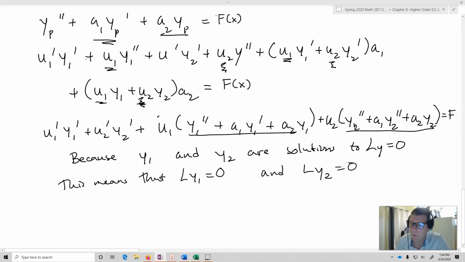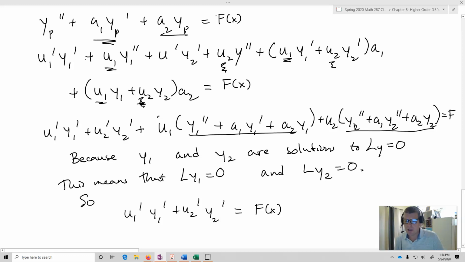Y1 and Y2 are solutions to the homogeneous part, so those two terms have to equal 0. Take a look, that's your differential equation. So what we end up with is u1 prime y1 prime plus u2 prime y2 prime equals f of x. And that's what we end up with.